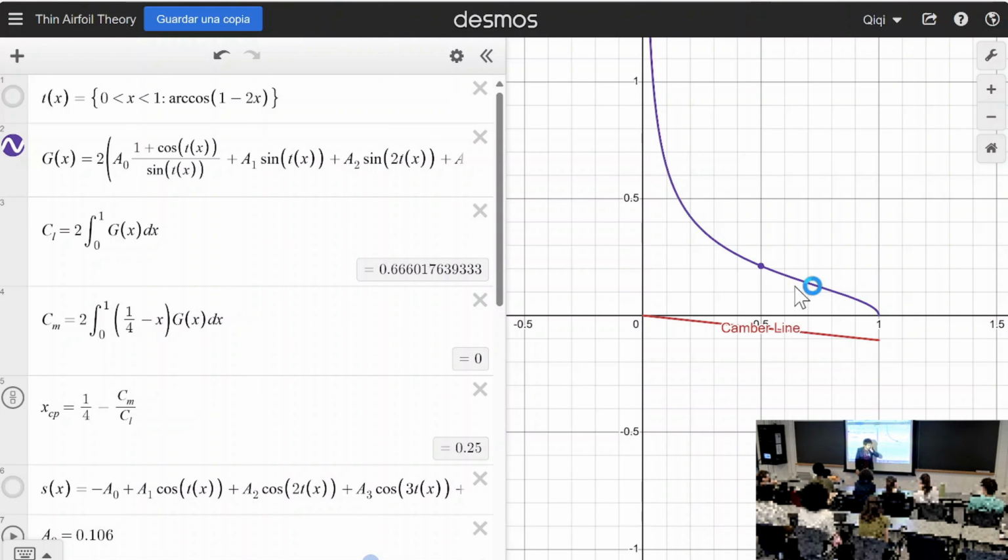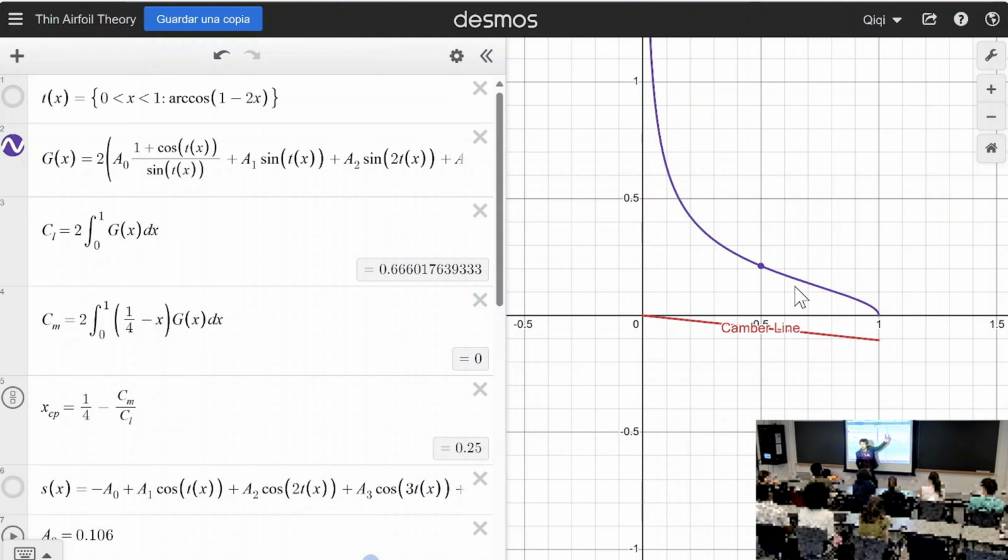But the most remarkable part about this function is that this is the vorticity distribution, right? Vorticity along the airfoil tells you the difference in the velocity on the upper surface and on the lower surface. Over here you have a small difference in velocity between upper and lower; here you have a bigger difference. And we have just said that the difference in velocity represents a difference in pressure.